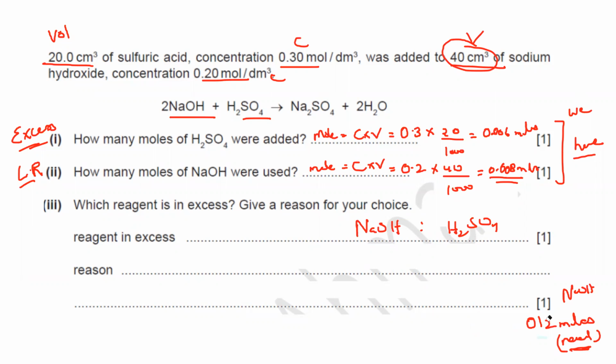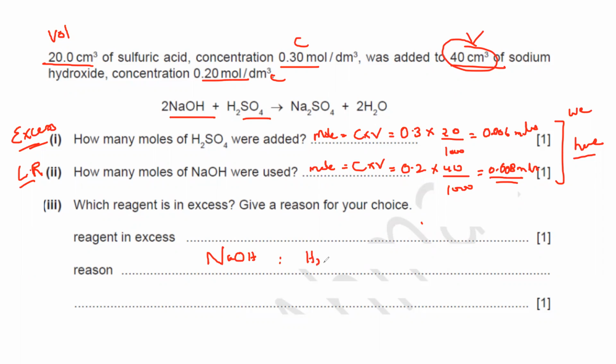So when I compare them, for the reaction between sodium hydroxide, NaOH, and sulfuric acid, H2SO4, according to the equation, if we have 2 moles of sodium hydroxide, we will have 1 mole of sulfuric acid. So the ratio between them is 2:1.